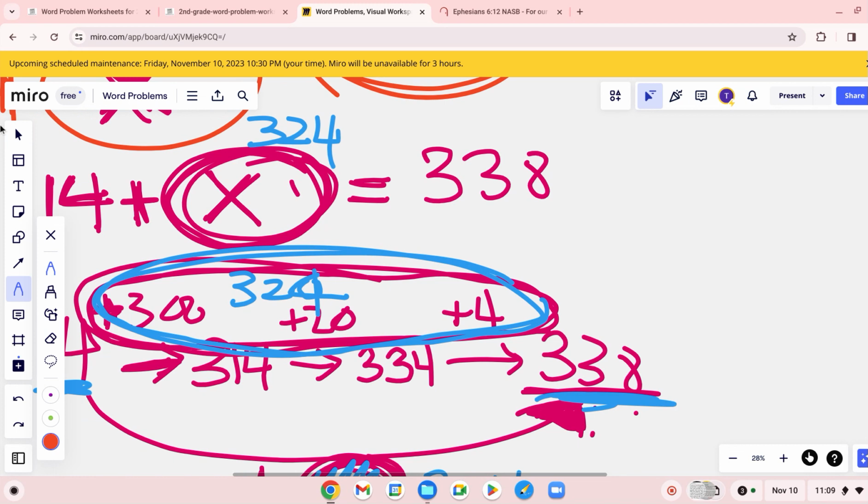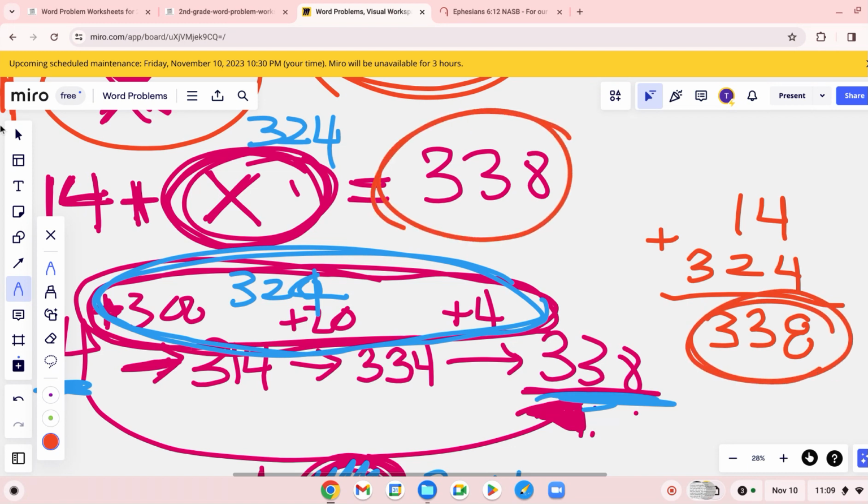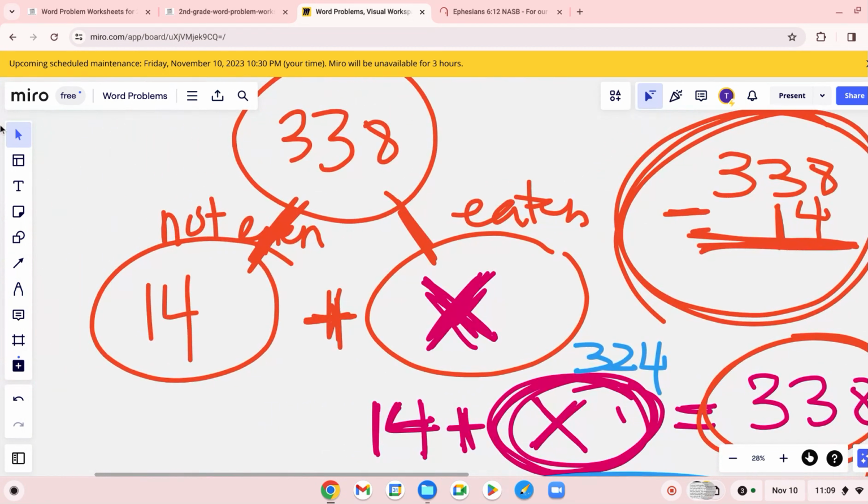So we need to check our answer by doing that. 4 plus 4 equals 8, and then 1 plus 2 equals 3, and then 0 plus 3 equals 3. Does that match up? Check. Understand?